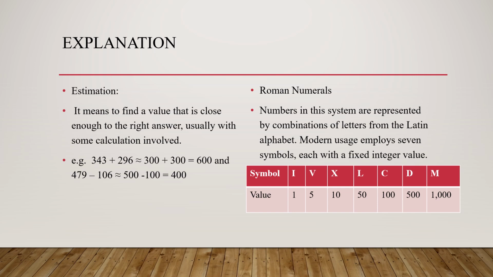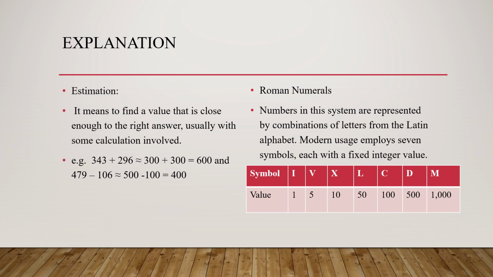Addition and subtraction. 343 plus 296. First we will round off the numbers and then we will add. 343: 43 is less than 50, so we will round down to the previous 100, which is 300. And 296: 96 is greater than 50, so we will round up to the next 100, which is 300.